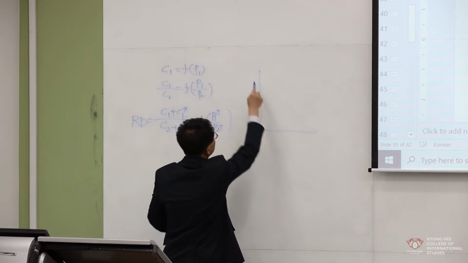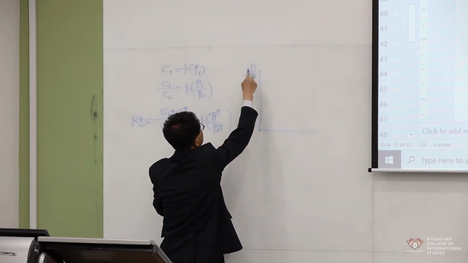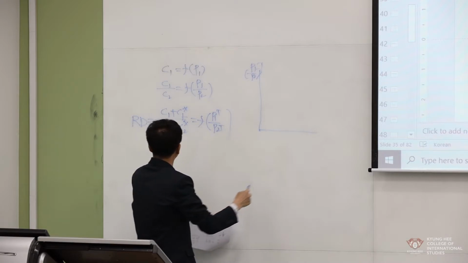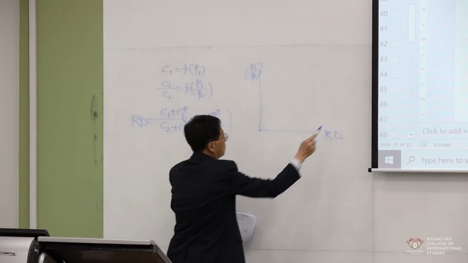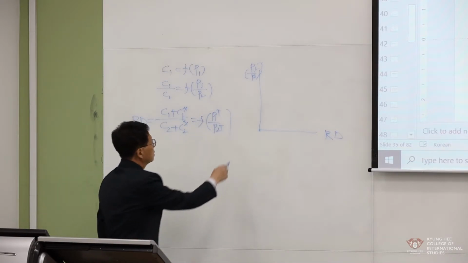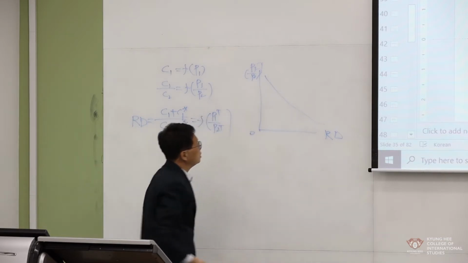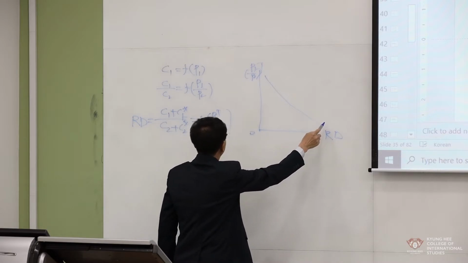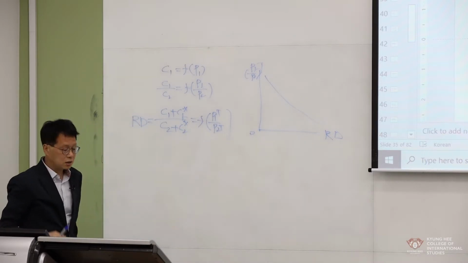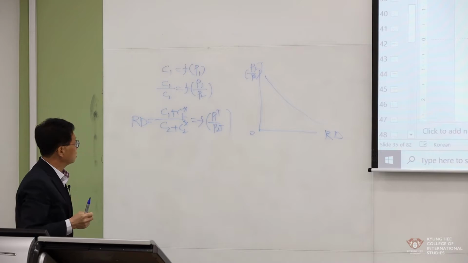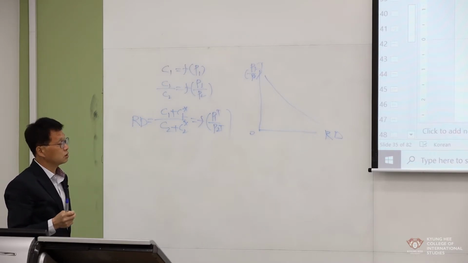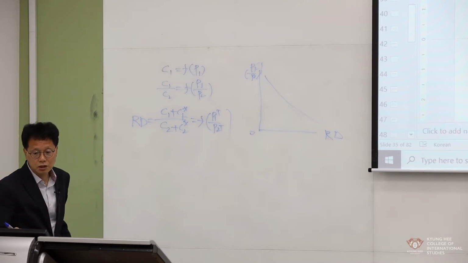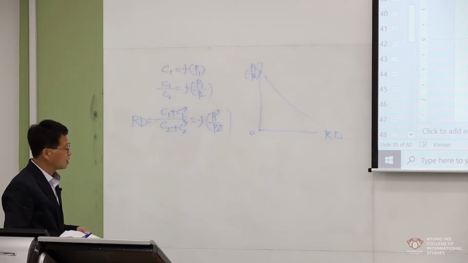The Y variable is then P1 over P2 after free trade. The X variable is relative demand, right? That should be shaped like this. Relative demand is a negative function of the relative price of good one. That is relative demand. So everybody knows relative demand in this Ricardian model.